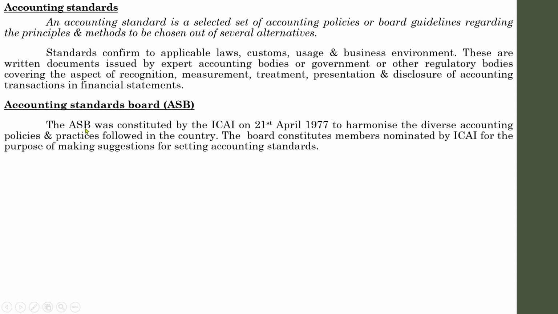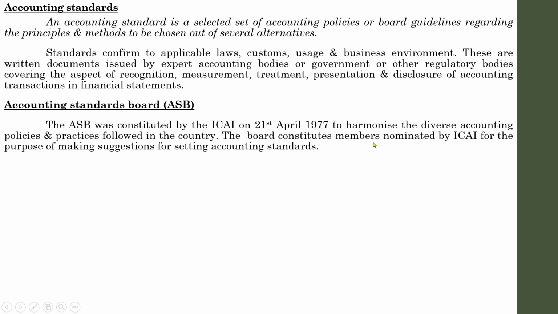ASB means Accounting Standards Board, ICAI means Institute of Chartered Accountants of India. So familiarize these abbreviations. It was constituted on 21st April 1977 to harmonize the diverse accounting policies and practices followed in the country.